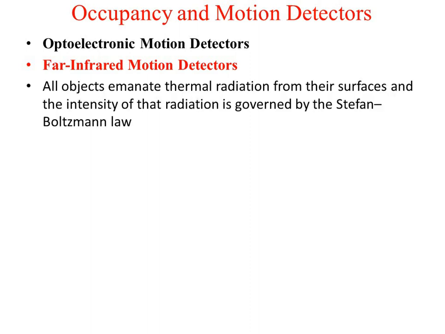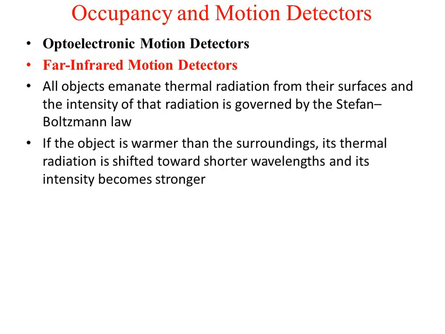All objects radiate energy from their surface. We have already studied that if the object is warmer than the surroundings, its thermal radiation is shifted towards the shorter wavelength and the intensity becomes stronger. Let us consider that you are taking a very hot pan with you.